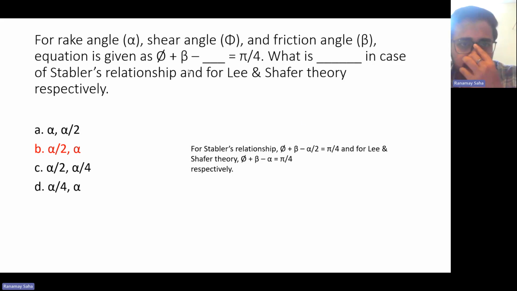Since shear angle and friction angle are there, you are left with the rake angle. The term varies as alpha and alpha by 2 in Stabler's relationship and Lee-Shaffer theory respectively. So option B is correct.